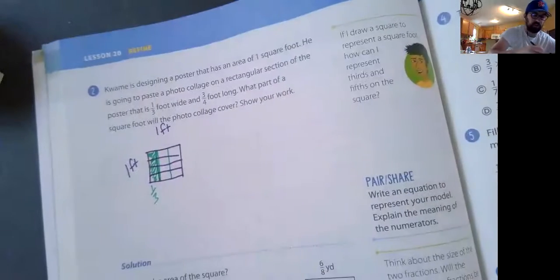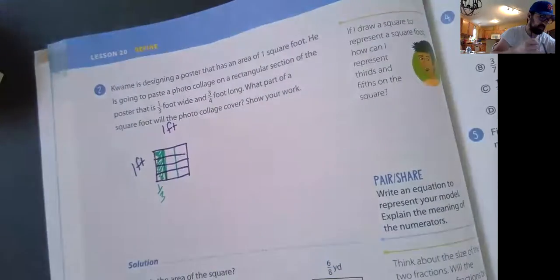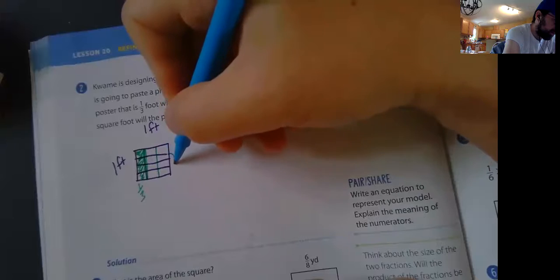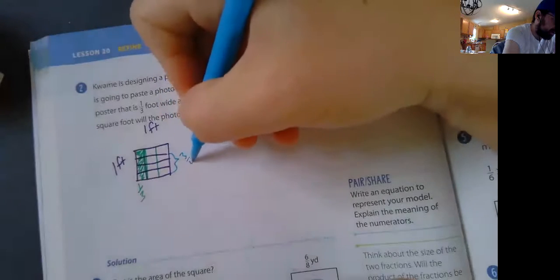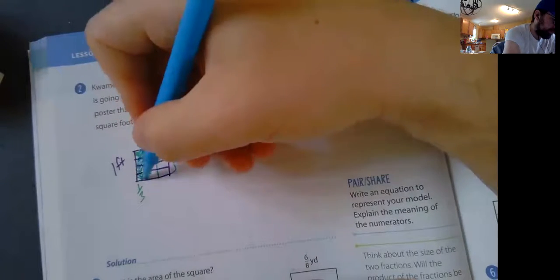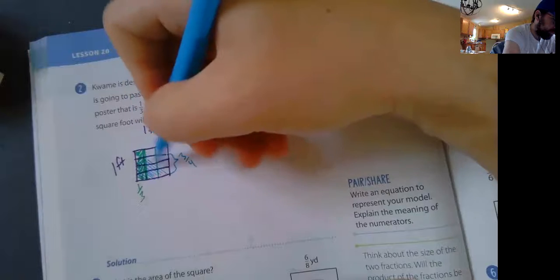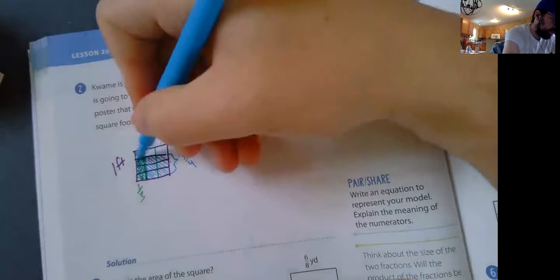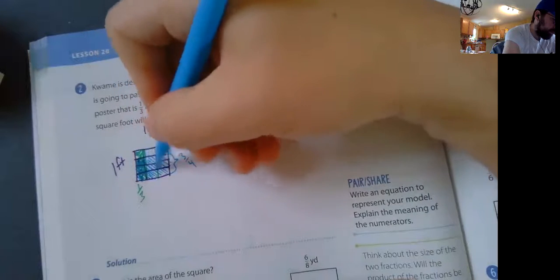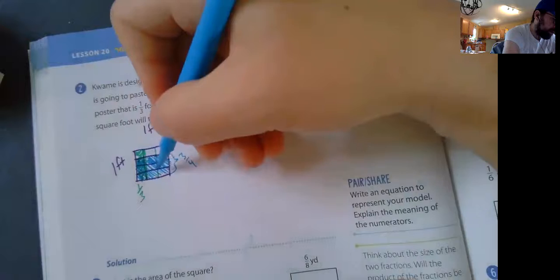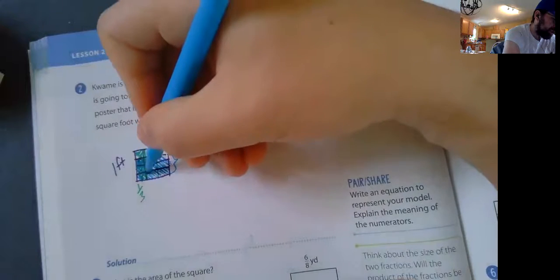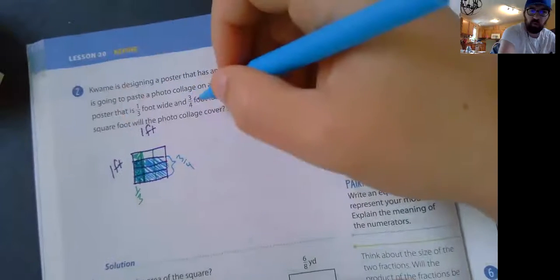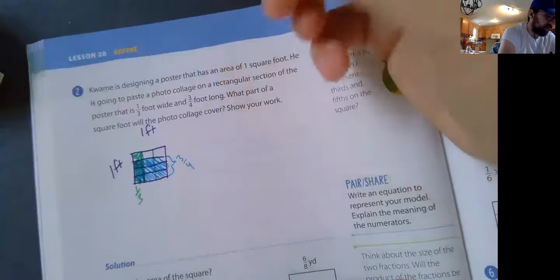I'm going to use a different color so it's not as dark. So if this is 3/4, right? Okay, this overlapping section here is where our points are, right? This is where our value's at here.